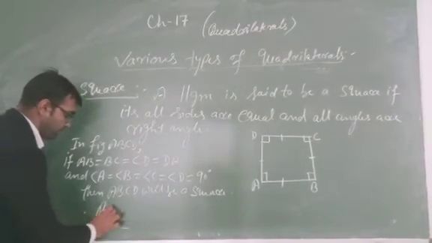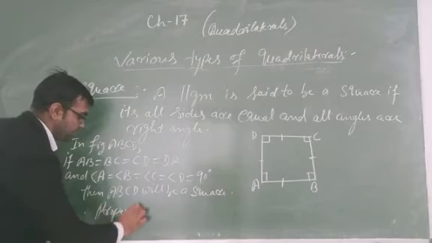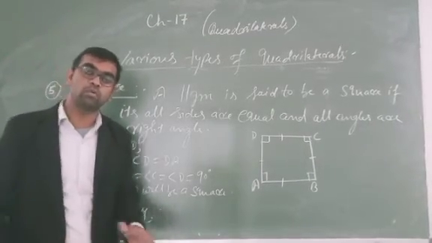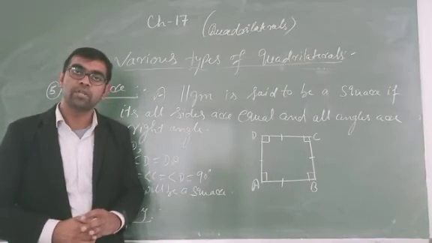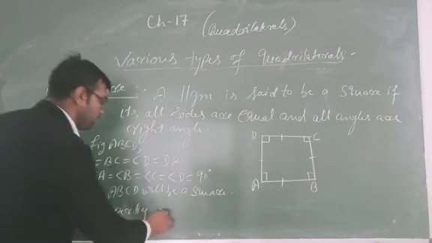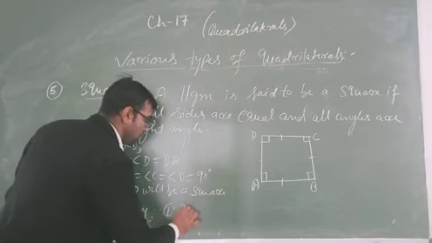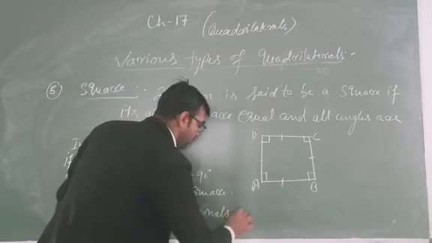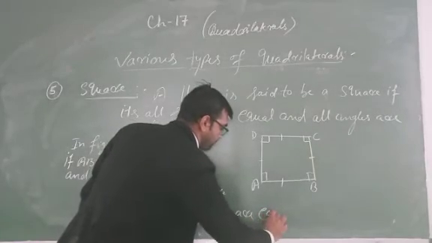Now properties. So a square is also a parallelogram, so it will hold all properties of a parallelogram, and another property is diagonals are equal.